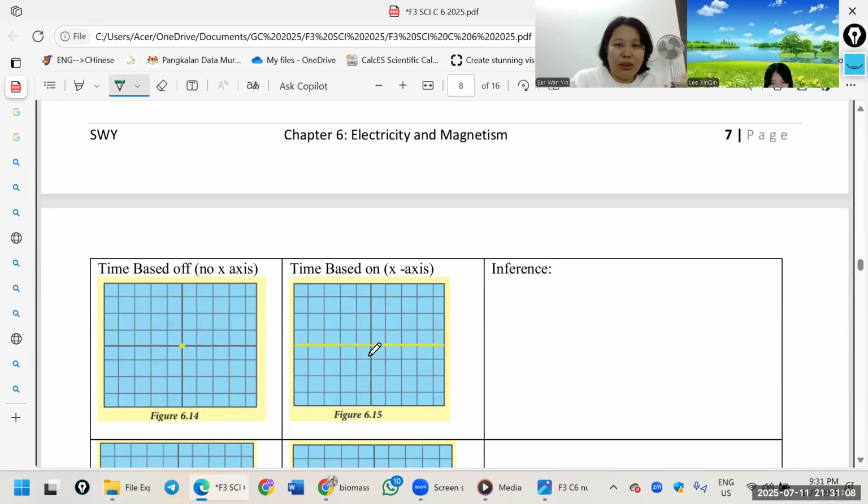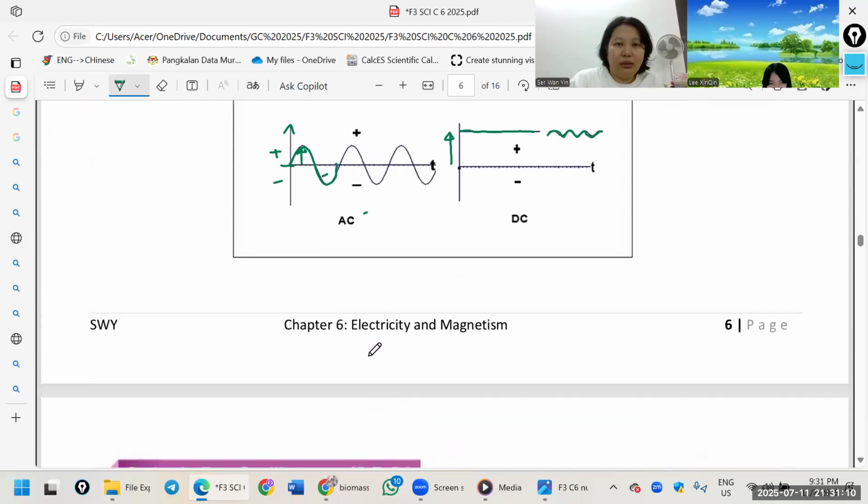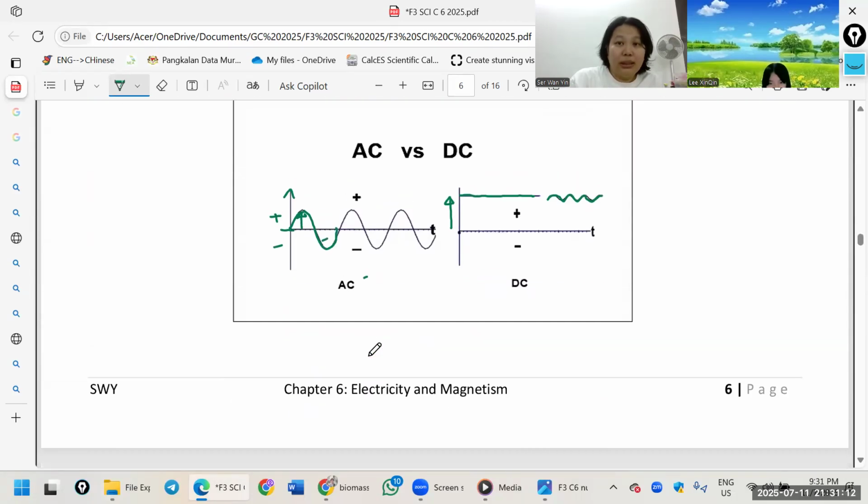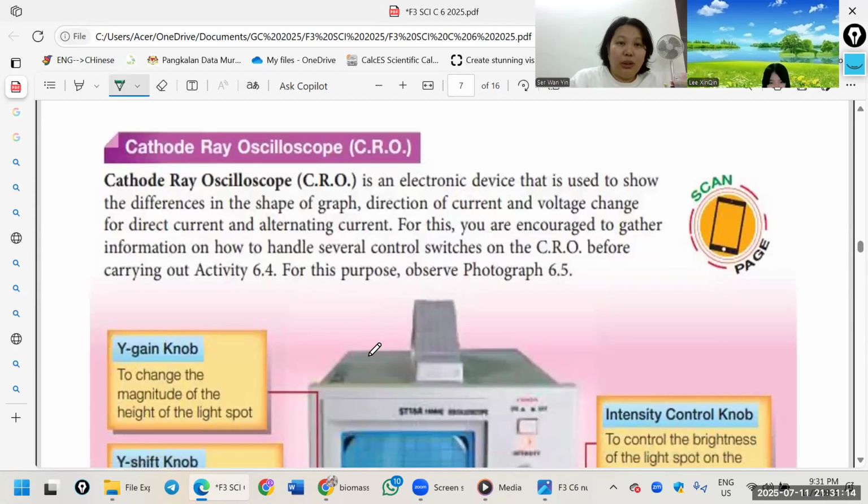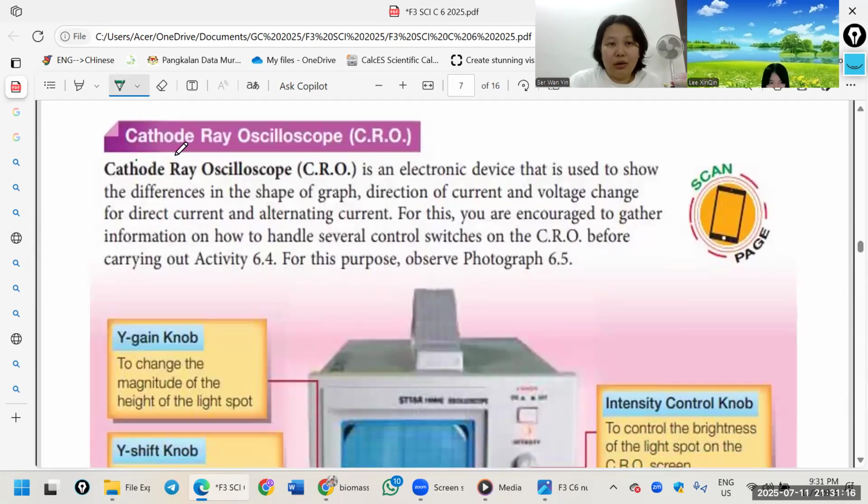Then how can we observe the AC or DC? We can use a cathode ray oscilloscope, CRO. Normally in PT3 and UASA, I never see this.